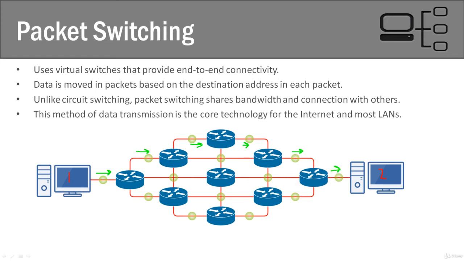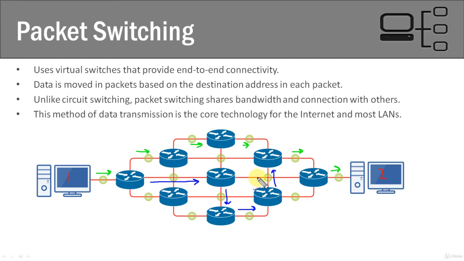And then another might go a different route. So let's say another one goes in this route. So it goes to here, and maybe it'll just go straight through to this router, and then this router will go down to this one, and then to this one, and then maybe up to this one in here, and so forth. And so the routers will determine the best route as they receive each packet.